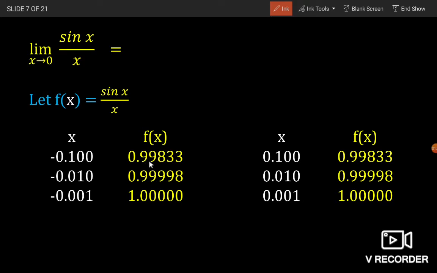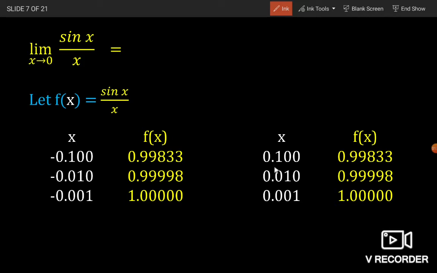We have 0.99833, and then 1. So as x approaches 0 from the left-hand side, f of x, which is sine x over x, approaches 1. Going now to our table to the right, if x approaches 0 from the right-hand side, let's see what happens. x is equal to 0.1, x is equal to 0.01, x is equal to 0.001.